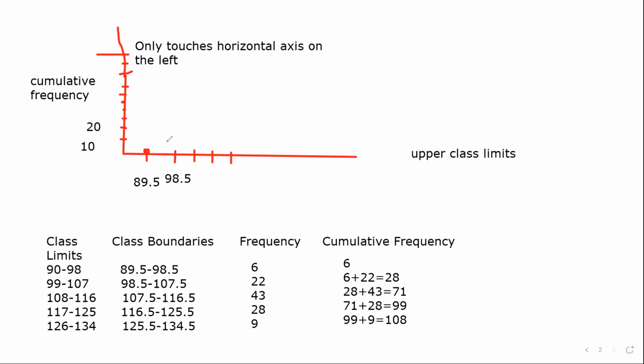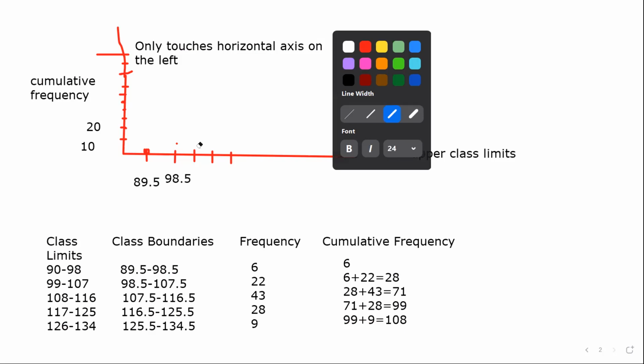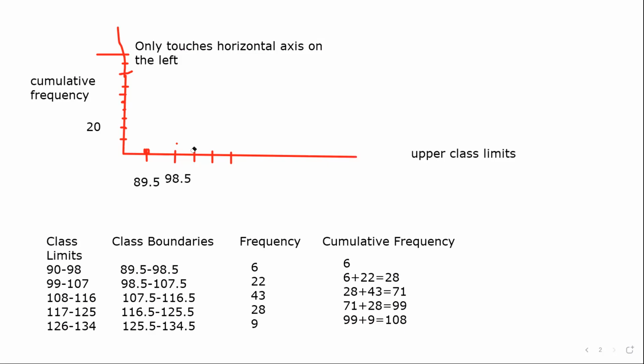Maybe, right? And then my next point is going to be at 107.5. That's going to be this third tick mark, which I've got to move out of the way. Let me do some minor cleanup on the tick marks here.